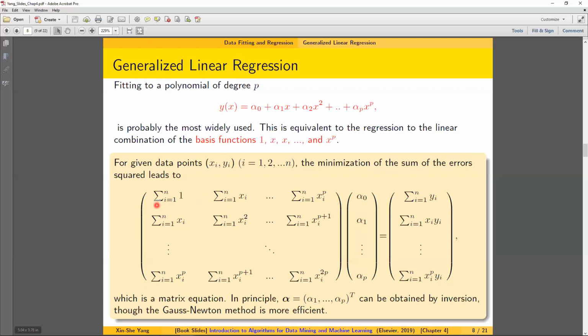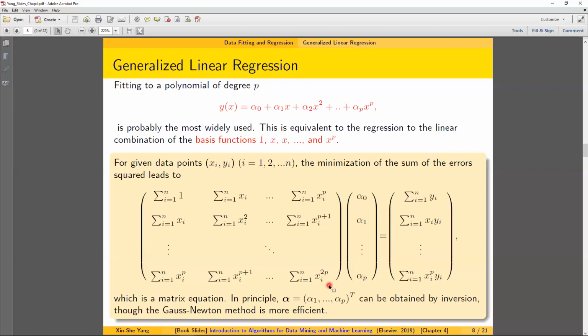And then let's look at the diagonals. For the diagonals, the second one would be the sum of xi squared. The third one would be the sum of xi to the fourth.